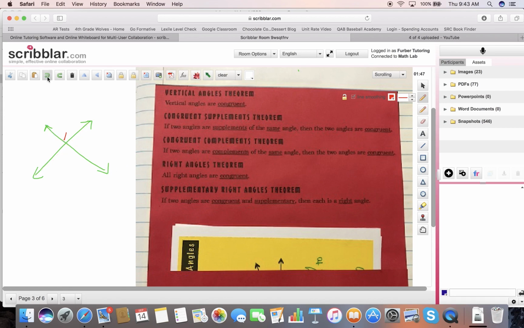Now that's looking at it in the actual, two stuck together in an intersection like vertical angles. But this also works if they were listed separately. So this might be another example of congruent supplements theorem, okay?